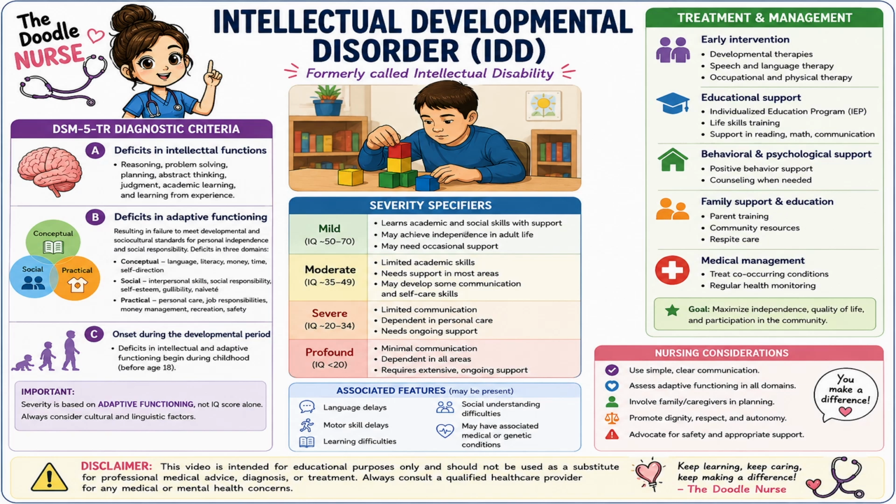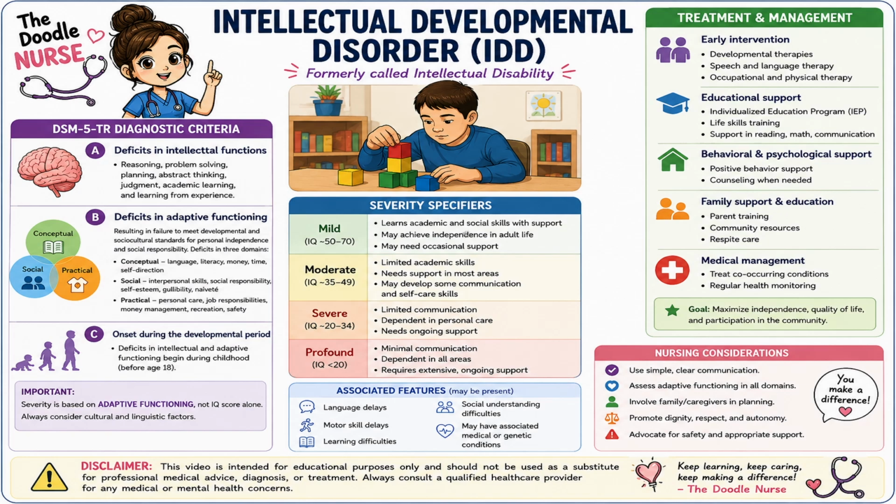The second criterion is deficits in adaptive functioning. Adaptive functioning refers to how effectively a person meets the developmental and sociocultural standards expected for personal independence and social responsibility. The DSM-5-TR divides adaptive functioning into three domains, and the first is the conceptual domain.